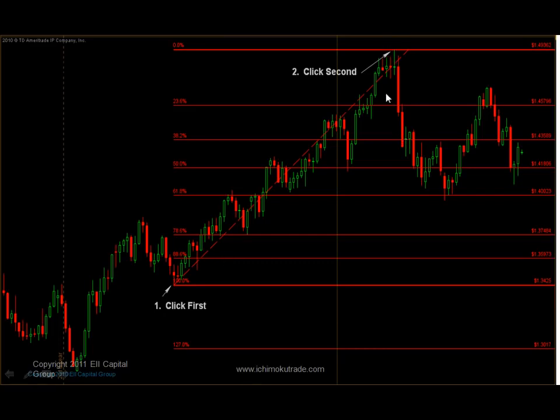Because look what's happening. See all these little pullbacks right here? Those are all 38.2% retracements, depending on how you view them. So this whole major trend is created from a wave that goes up, pulls back a little, goes up, pulls back a little, goes up, pulls back a little. You can't make money on this to there. It's not good money management.